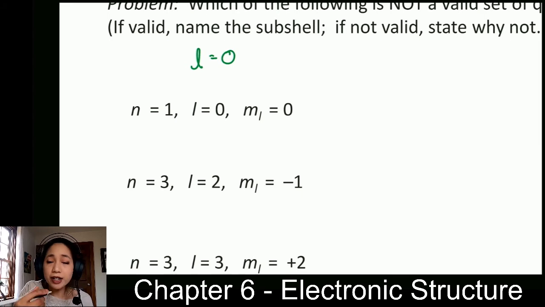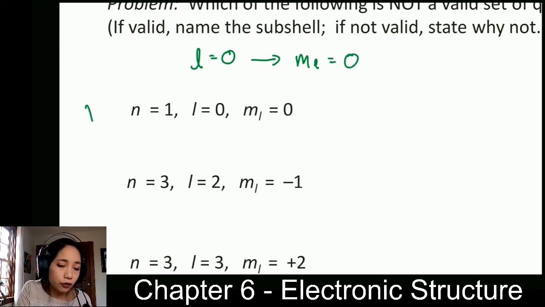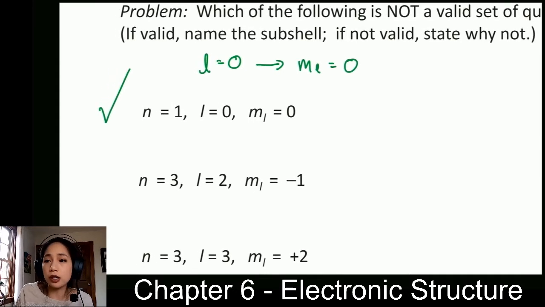If we have L equals 0, what are our possible ML values? ML are all the integers between minus L to positive L. So the only possible ML value for a subshell of 0 or S is equal to 0. So this first one checks out. We can have n equals 1, L equals 0, ML equals 0.